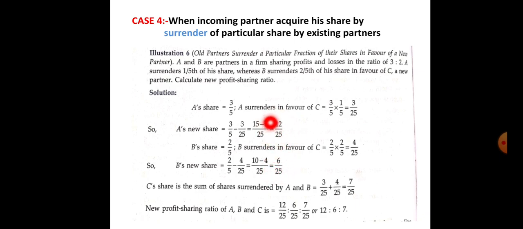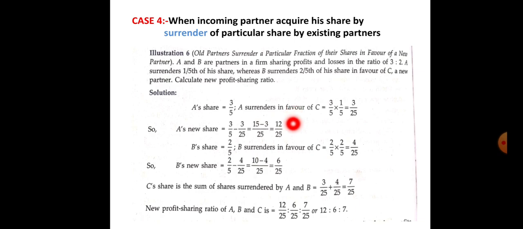This is the new ratio of A, this is the new ratio of B, तो बताओ C का शेयर क्या है? C का शेयर तो दिया ही नहीं है क्वेश्चन में, तो जो वो सरेंडर कर रहे हैं वो क्यूमुलेटेड वे में बन जाएगा, यानी कि by making them sum, by adding them we will find that this would be the new share of C. Clear?